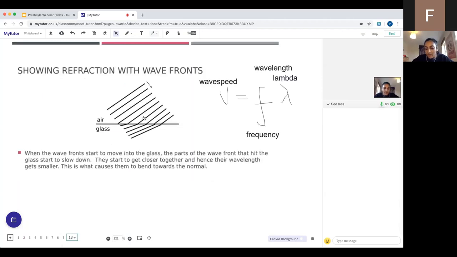Okay, so for the wavefront diagram, air can't be replaced by water, but water can go in instead of glass. So we can have air refracting into glass and air refracting into water.